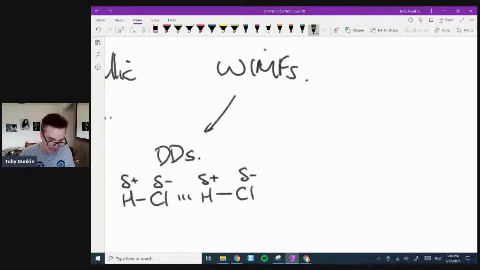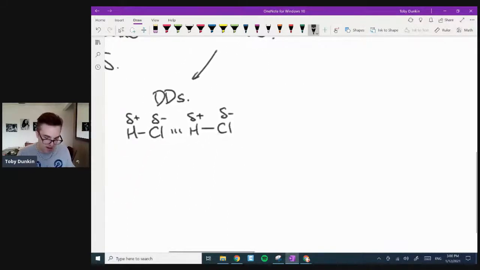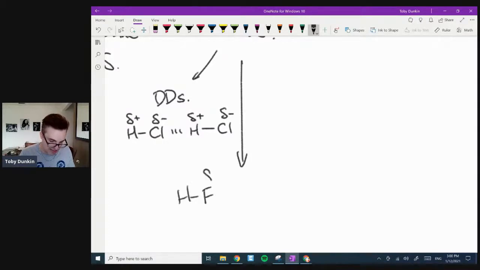It's electrostatic in nature once again. Then we drop into hydrogen bonds. Now, hydrogen bonds are the electrostatic attraction between the slightly negative fluorine, and I've got to show all lone pairs now, and the slightly positive hydrogen on the adjacent molecules, but it's attracted to the lone pair on the fluorine.